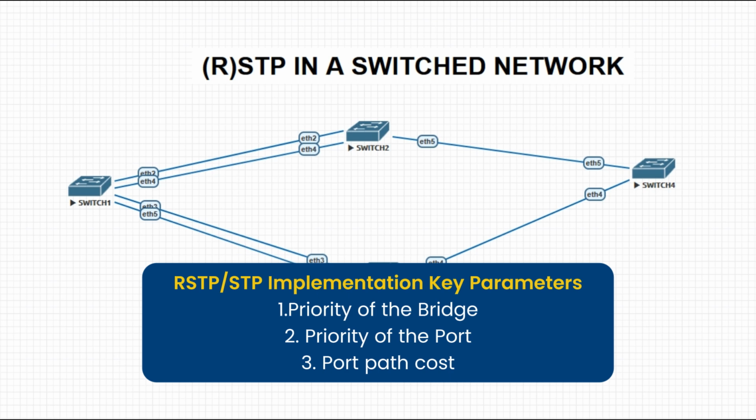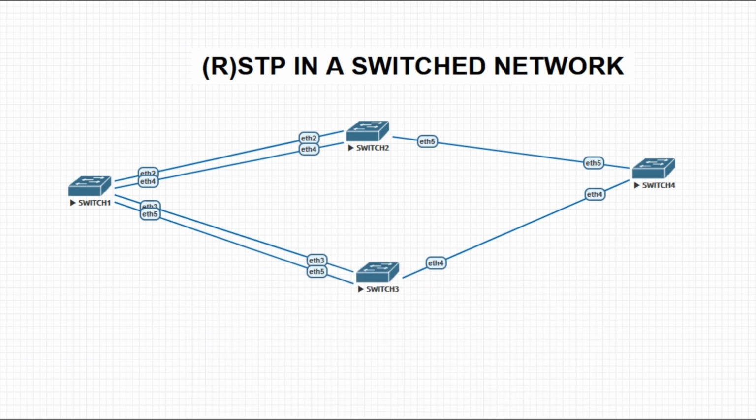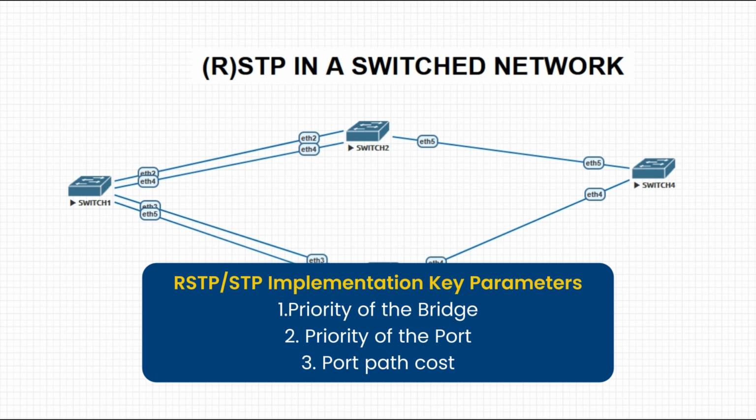I would like to repeat that you need to familiarize yourself with these 3 parameters when implementing RSTP in a layer 2 network, particularly when you are making use of MikroTik devices.